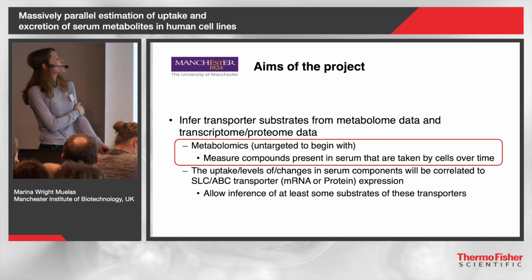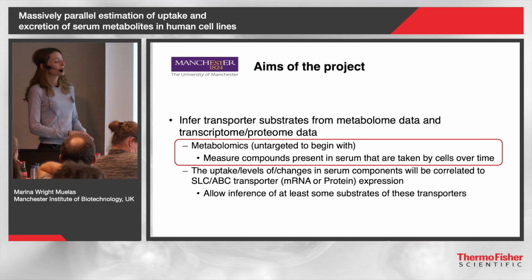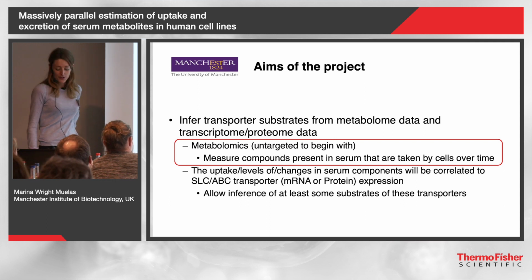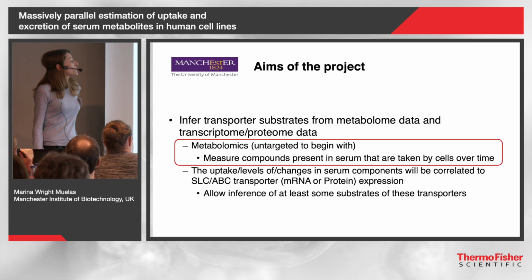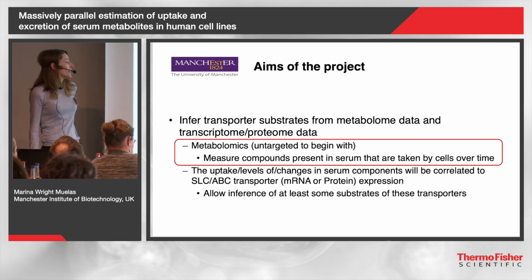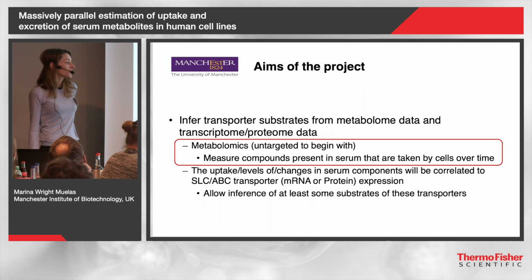So the aim of our project is to try to infer transporter substrates from metabolome data and use that together with transcriptome and proteome data. So the way we are doing it is by using metabolomics, untargeted to begin with, measuring the compounds that are present in serum that are taken up by cell lines over time.